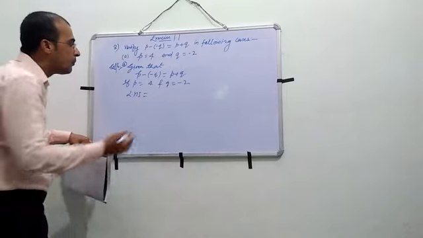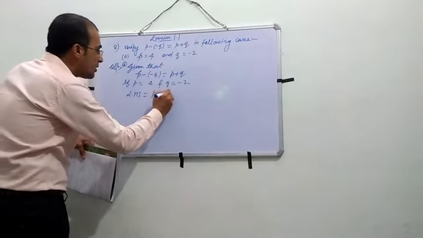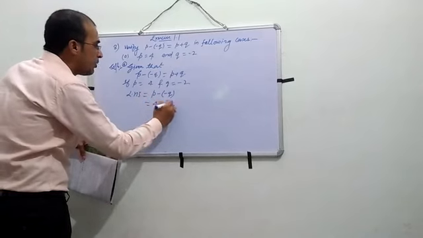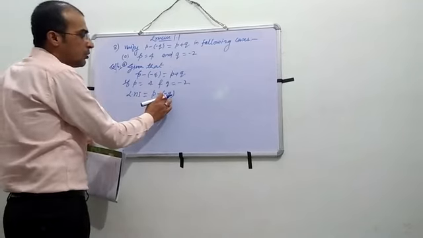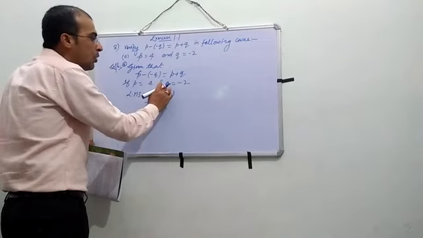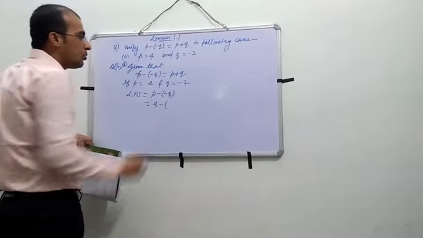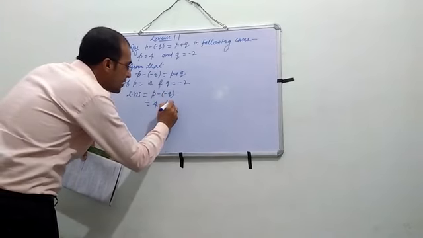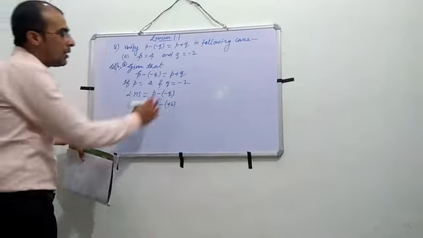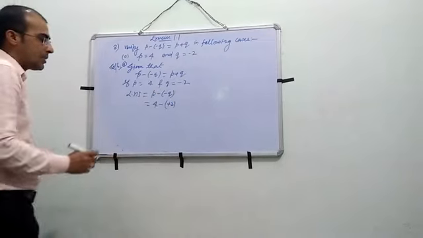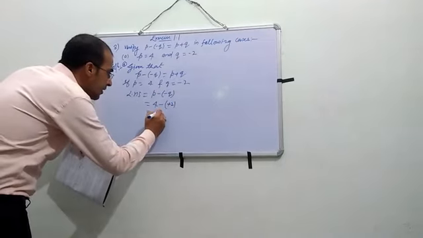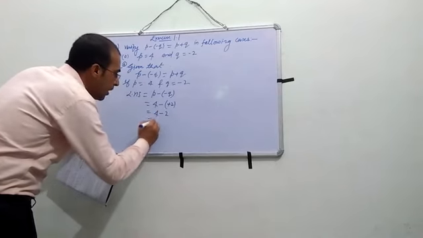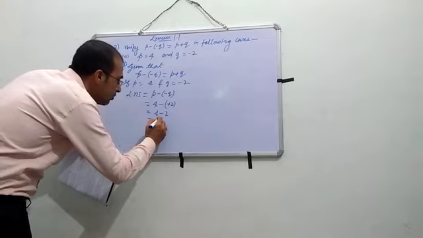LHS equal to p minus (minus q). P equal to 4, minus, and the value of q is minus 2, so its value will be plus 2. Is it clear? Minus into minus will be plus. Again opening the bracket, 4 plus 2... its value will be equal to 4 minus 2 equal to 2.